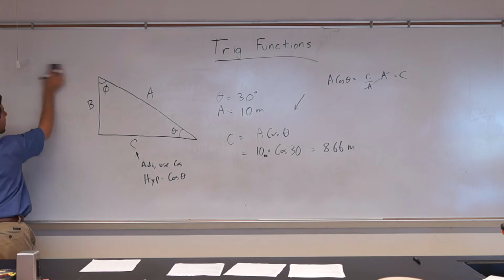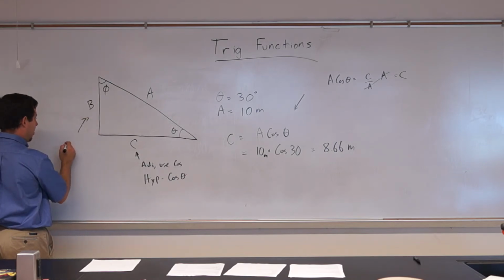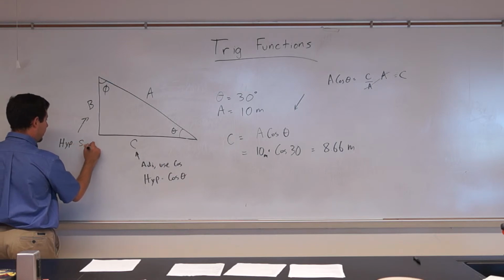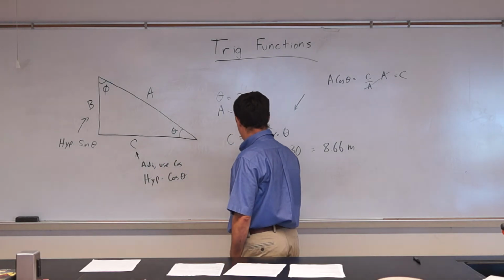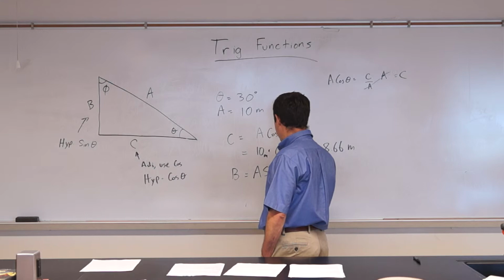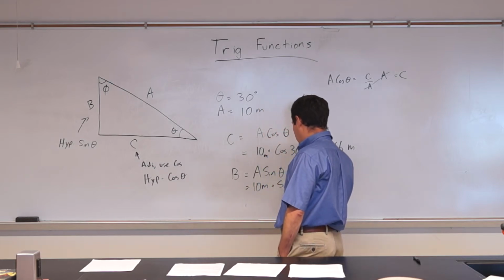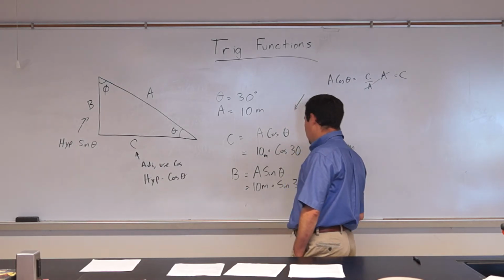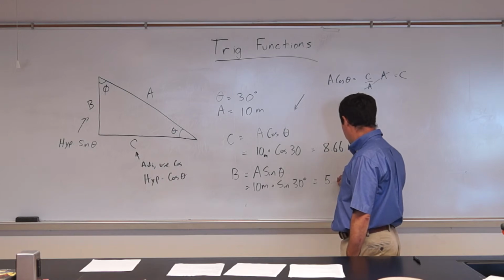Side B is the opposite, so you use the sine: the hypotenuse times the sine of the angle. In this case, side B is A times sine of theta, or 10 meters times sine of 30 degrees, which just works out to be 5 meters.